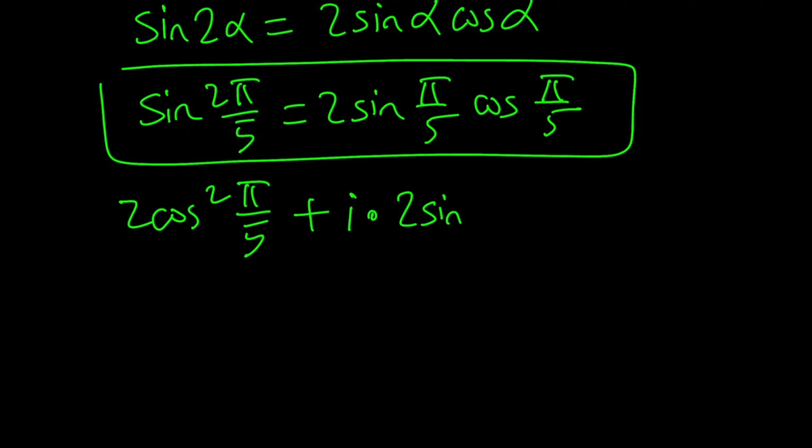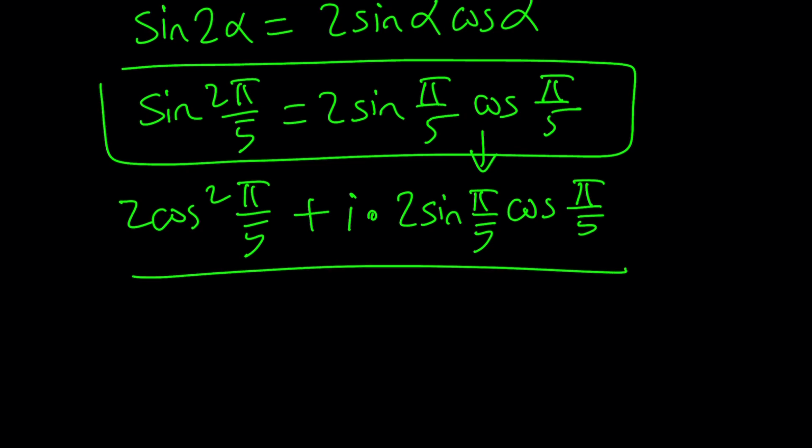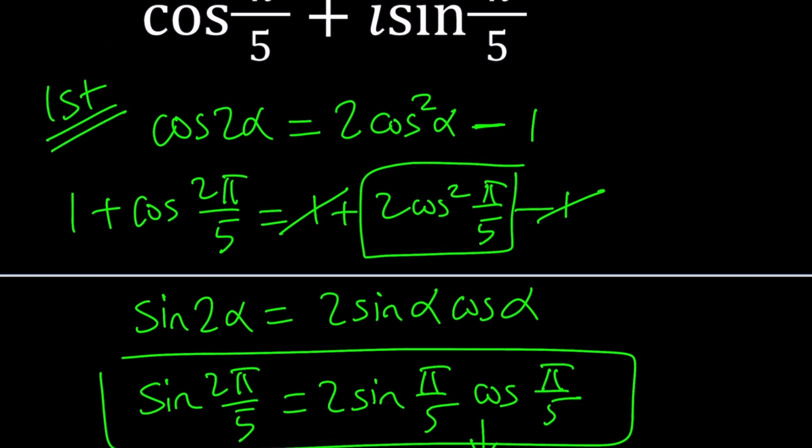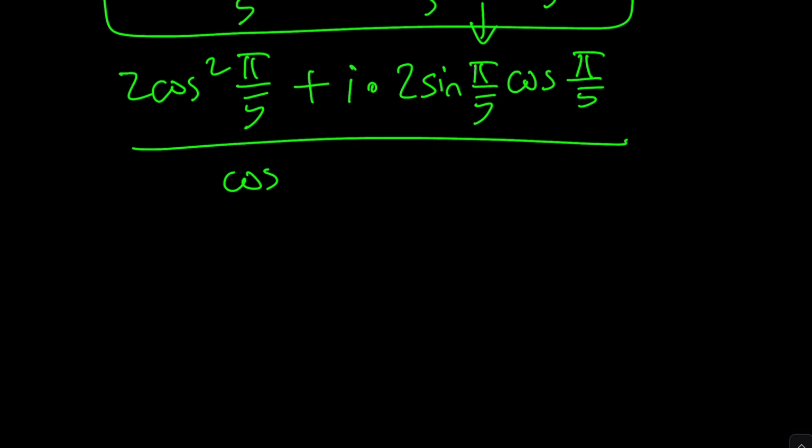All over, in the denominator, we just have cosine pi over 5 plus i sine pi over 5. Let's not do anything about these two because we already got everything in terms of pi over 5, so it's all good to go. Now let's simplify this a little bit, by factoring.